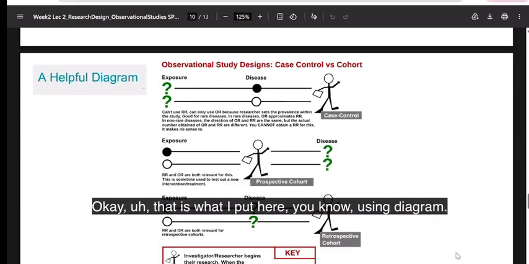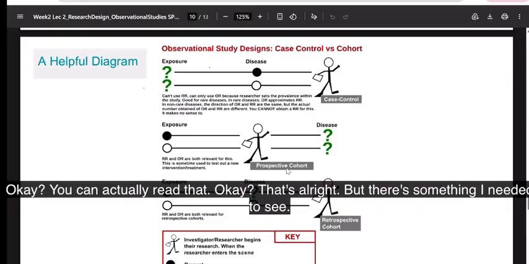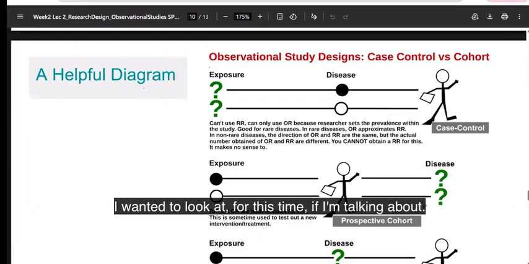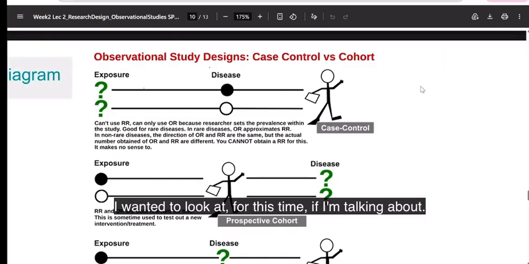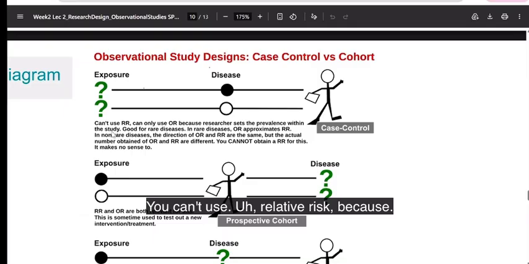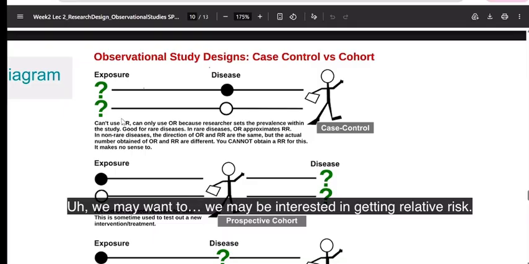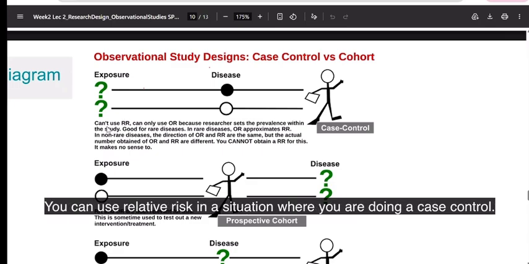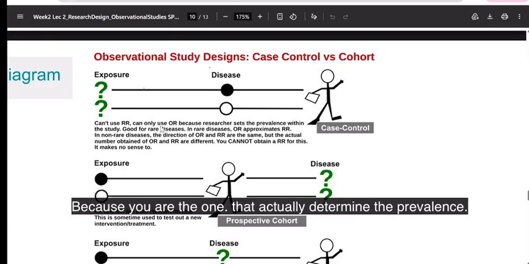That is what I put here, using a diagram. You can actually read that. But there's something I needed to point out. When you are dealing with a case control study, you can't use relative risk, even though we may be interested in getting relative risk, because you are the one that actually determines the prevalence.